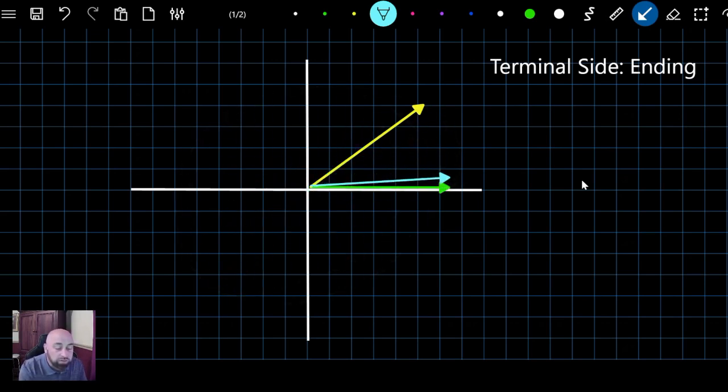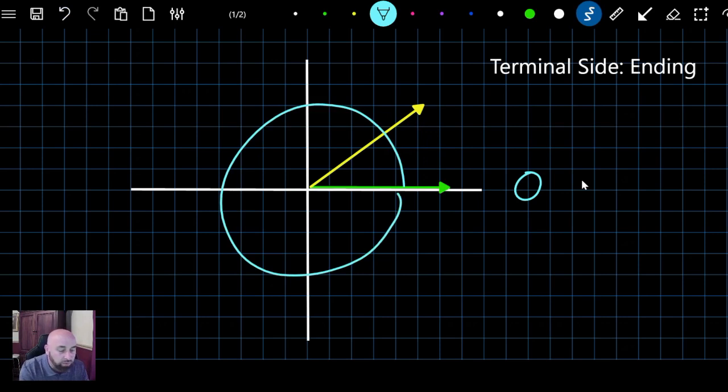I want you to think about something. I put 0 degrees here. I want to show you something, though. If I wrap my angle all the way around there, what have I made? I've made a circle. So it's 0 and 360.